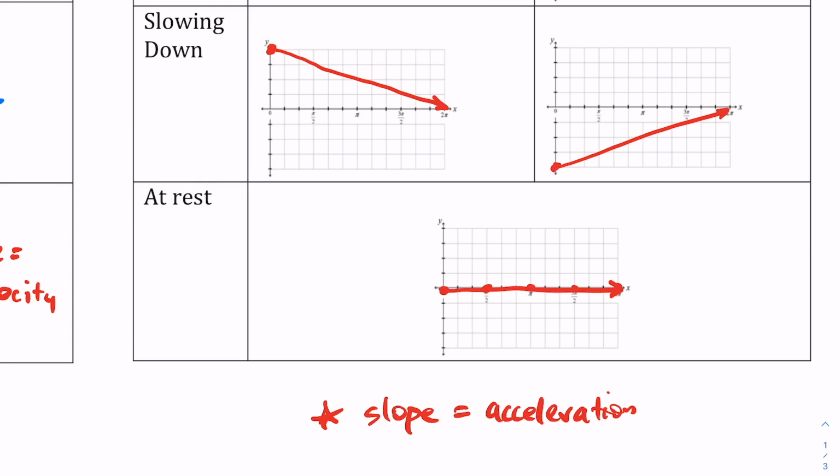So here, zero slope equals zero acceleration. You're at rest. You actually have no velocity and you're not accelerating.